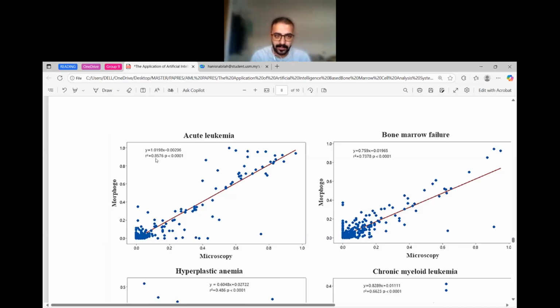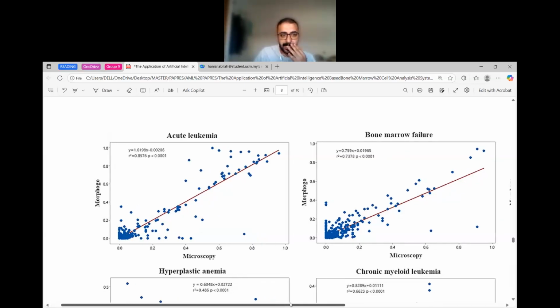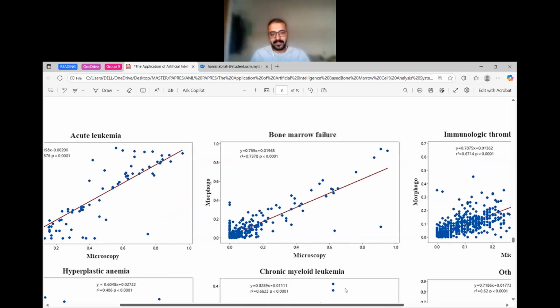So it is a good relationship here, which is a good result for acute leukemia. And the p-value here is close to 0, which is statistically significant. The p-value indicates that the results did not come by chance. So it is statistically significant.